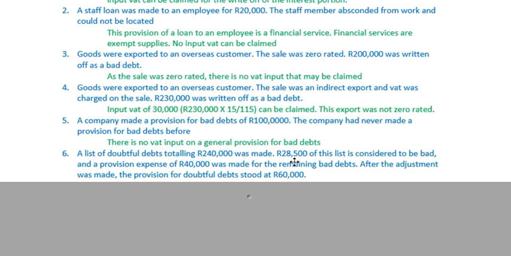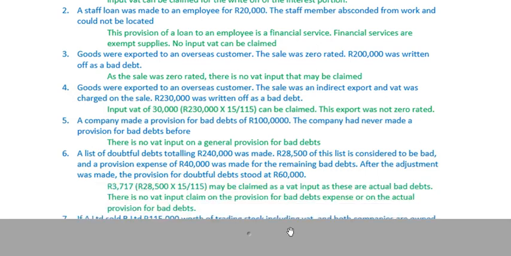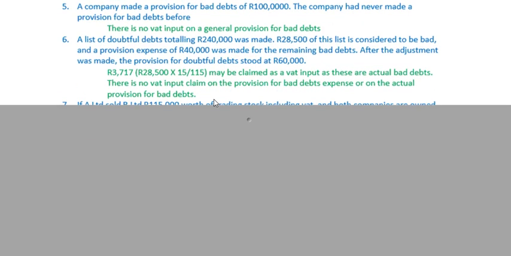Anything that's not bad cannot be claimed as an input VAT by the seller. The fact that you think they might not pay you does not make it a bad debt. You can only claim the input VAT on that bad debt when it gets written off. So it's only the 28,500 that can be utilized in this question.